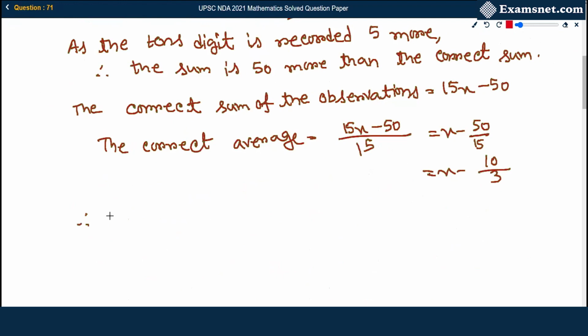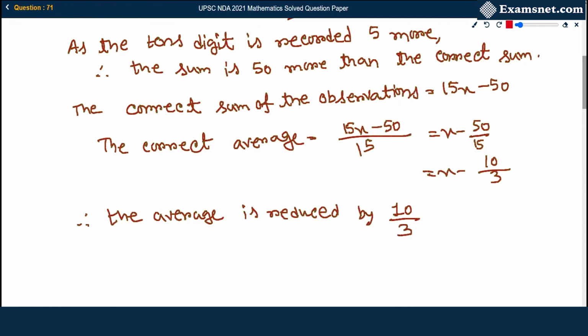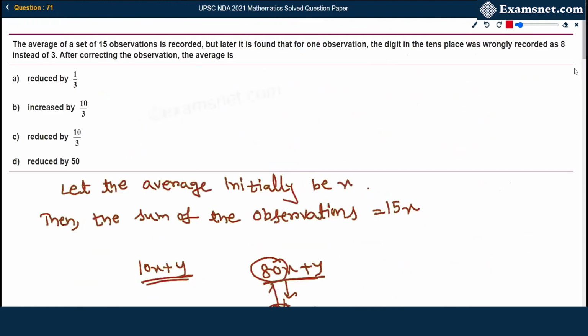So therefore the average is reduced by 10 by 3. Now let me check all the options. Reduced by 10 by 3. Option C is the correct one.